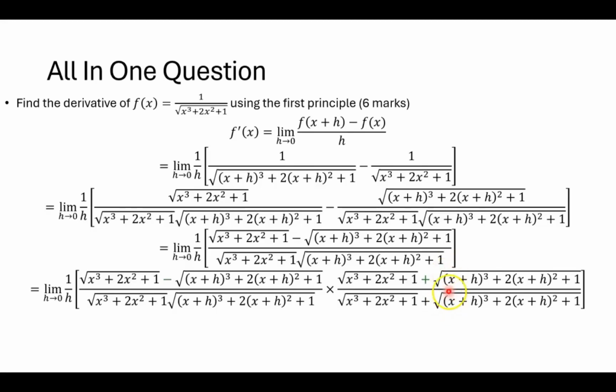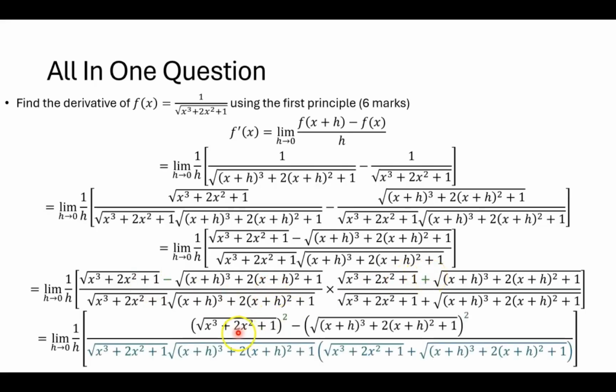These two things are the same, so you multiply by 1 here, it doesn't do anything. And after you multiply by the conjugate, you can use the difference between squares formula. It's a squared minus b squared. And then the square root and the square will cancel out. This will get rid of all the square roots on the numerator. And you can observe the denominator now is getting really horrible. But from now, you can just leave the denominator as it is. You won't do anything to it until the last step.